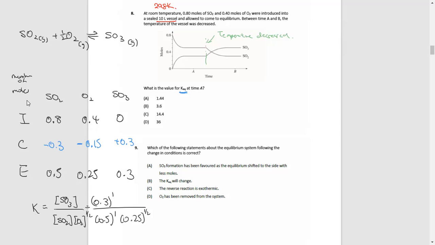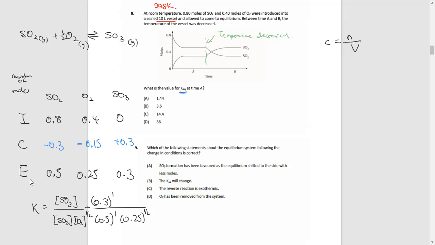So given that, remember this is the number of moles. And the number of moles is not the same as concentration. And so we will need to change this to concentration. Remember, concentration equals number of moles over volume.